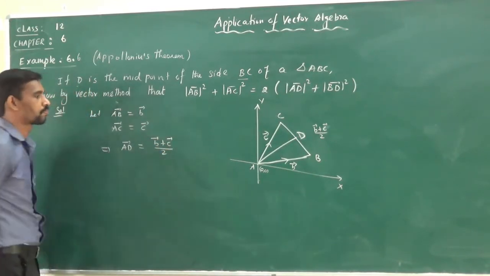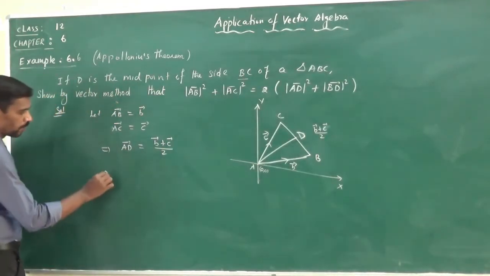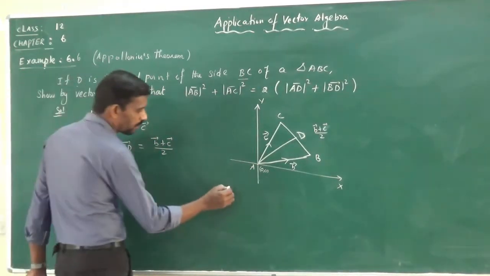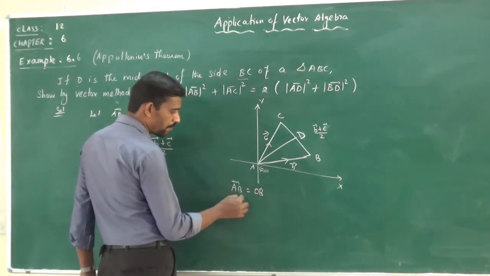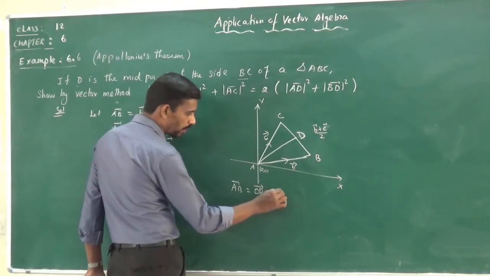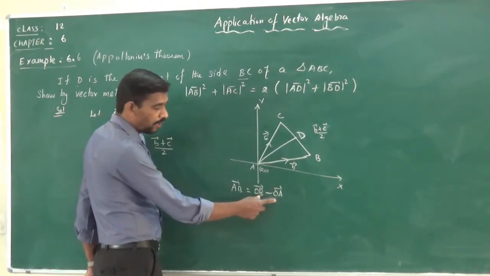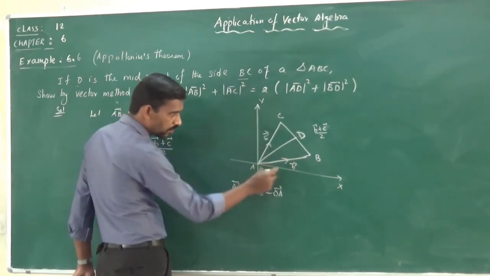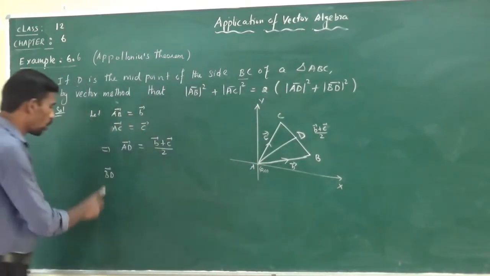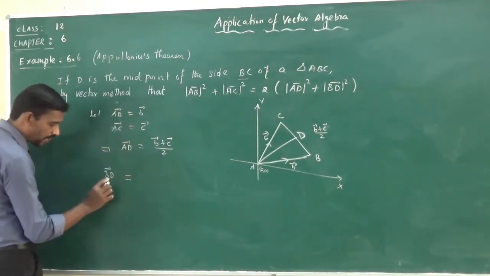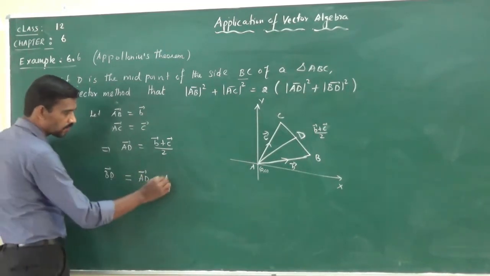Now I want to find BD here. What is BD? Generally, AB vector we can write as OB vector minus OA vector. Here, according to this diagram, A will be the origin. So BD vector we can write as AD vector, second point, minus AB vector, first point.